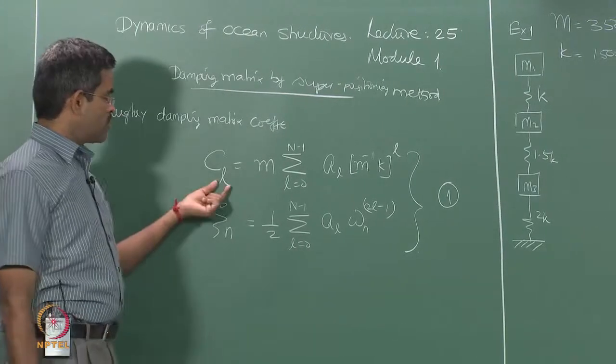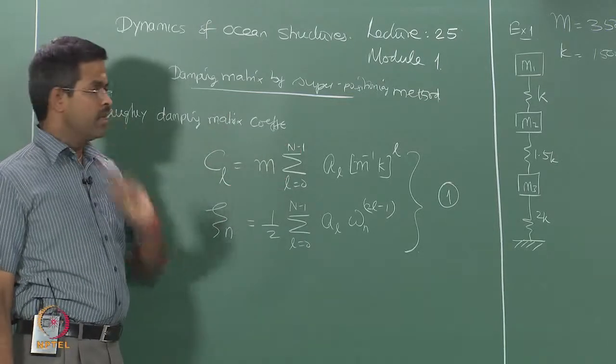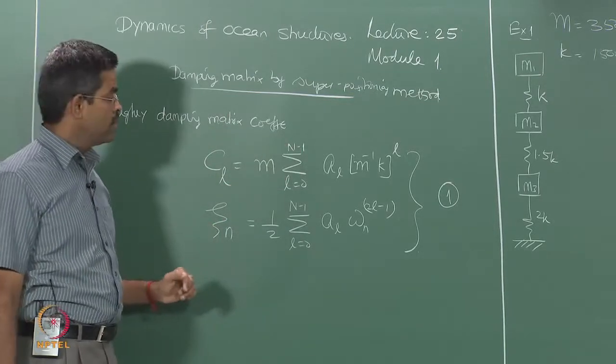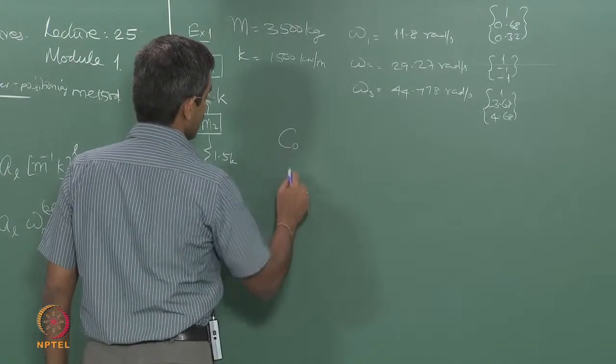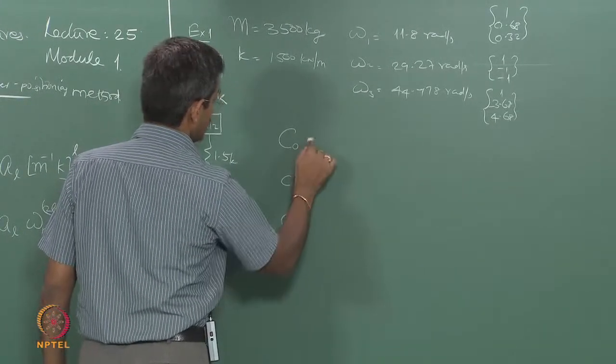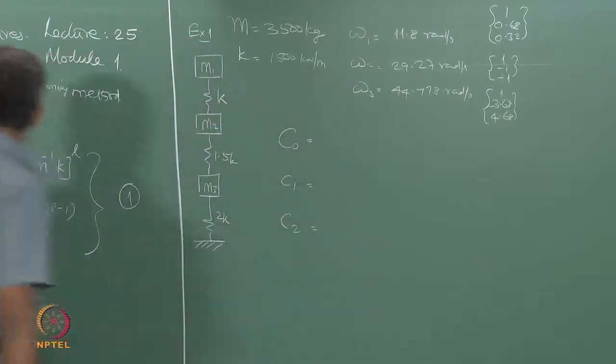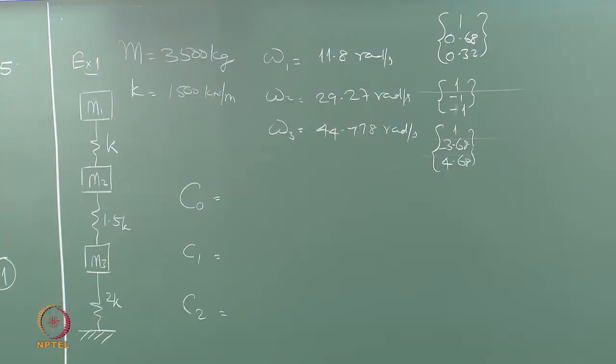So, when you substitute L equals 0 to n minus 1, let us say we will take 3, zeta 1, zeta 2, zeta 3. So, let us try to find out what is C0, C1 and C2. We already evaluated them in the last class separately.